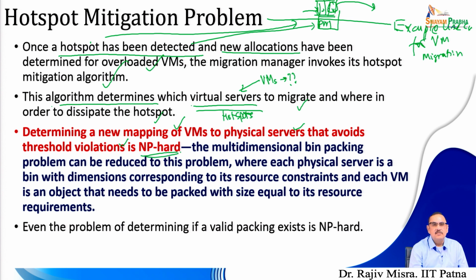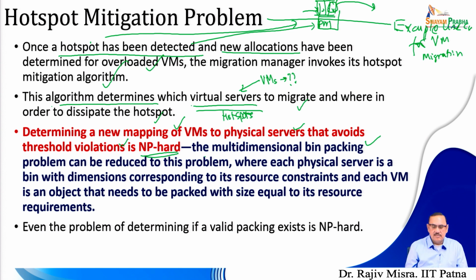is often studied as an NP complete problem in large settings such as the virtualized cloud data center. Why? Because a multidimensional bin packing problem is reduced to this particular problem of determining the new mapping of virtual machines to physical machines that avoids the threshold violation.